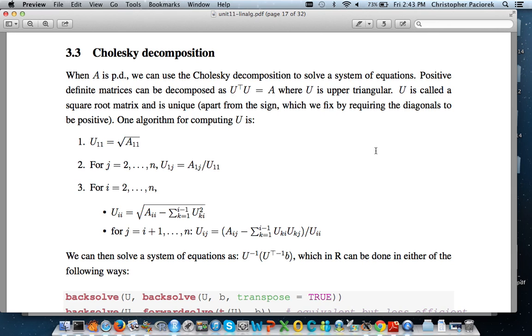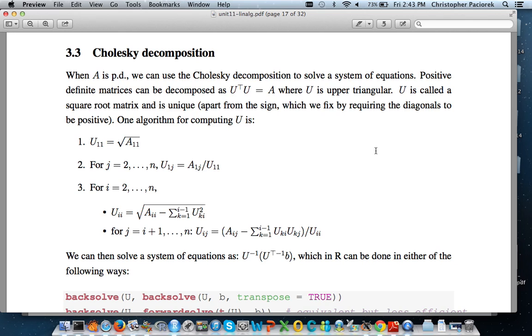That comes from the fact that the positive definite matrix is symmetric and has all this structure to it. So it makes sense that it's half as computationally expensive.